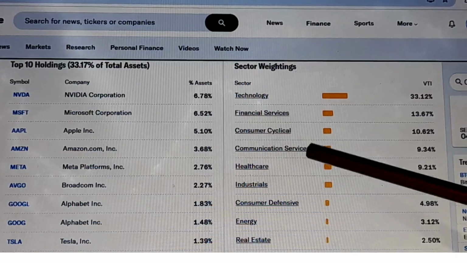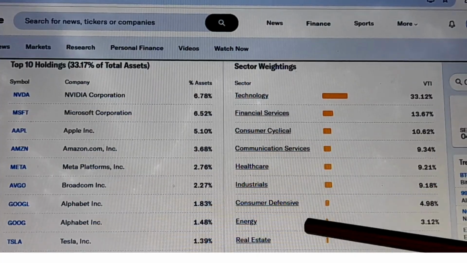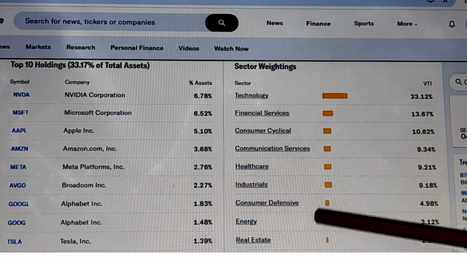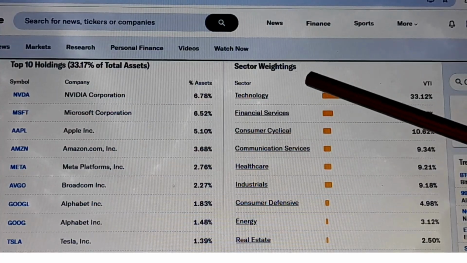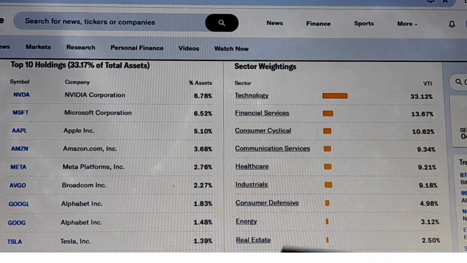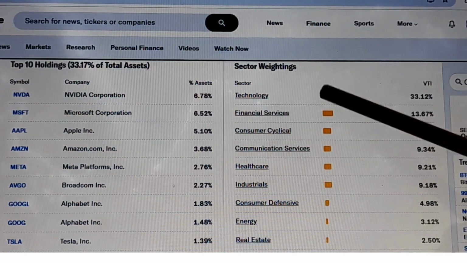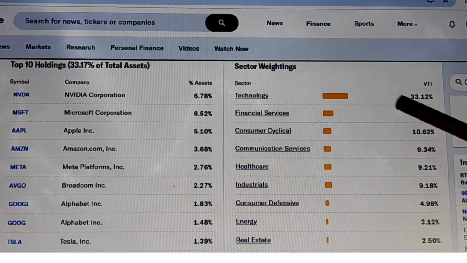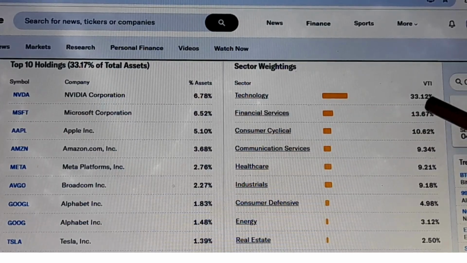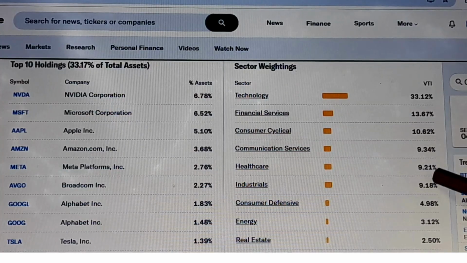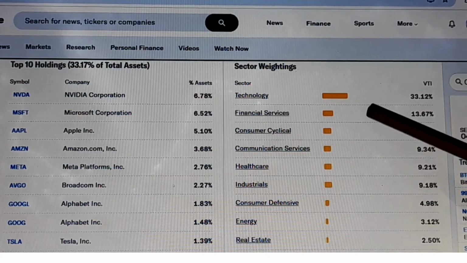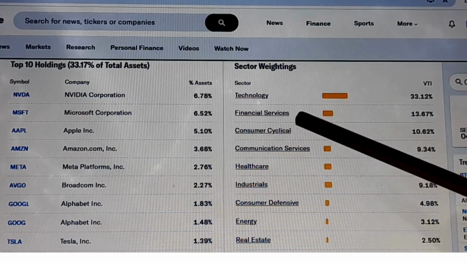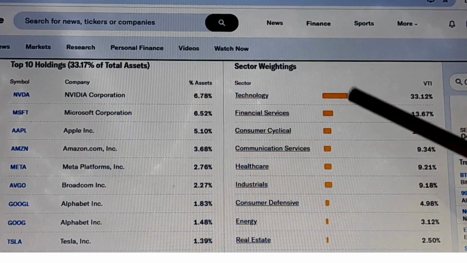Because remember, I told you how VTI performs in the market depends on the sector cycles. Maybe there's something good happening in technology. It means VTI will be performing well. Or if technology is affected, look at the weight of technology. It's 33.1%, compared to these other sectors. If something good is happening and it affects technology, it means VTI will be performing well.